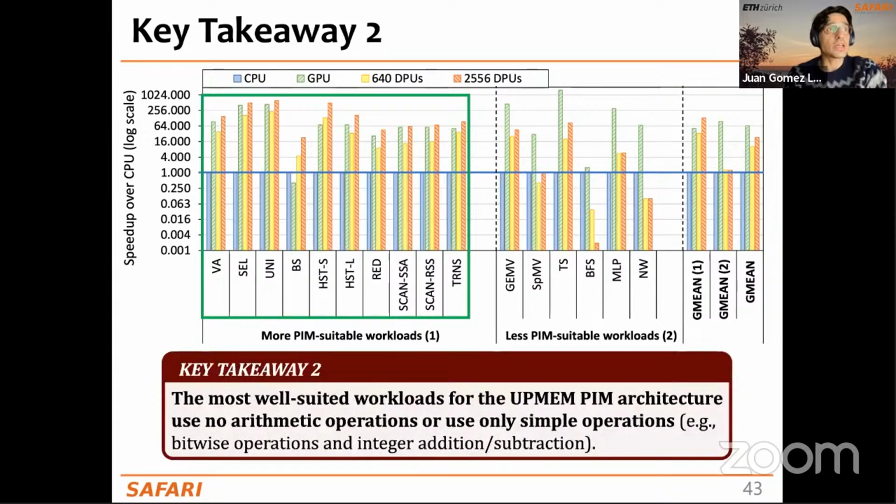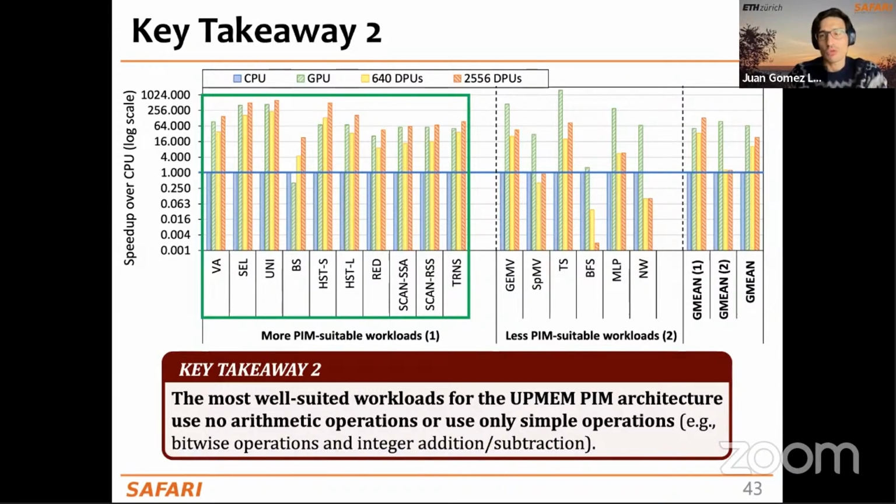Then the second key takeaway is that the most well-suited workloads for the UPMEM PIM architecture are those that have the 3 characteristics that I mentioned just a few slides ago. One of these characteristics is that these most well-suited workloads use no arithmetic operations or only simple operations like integer addition and subtraction or bitwise operations.